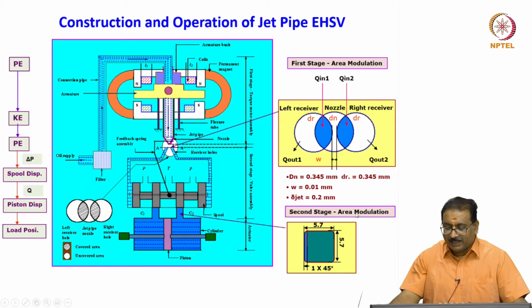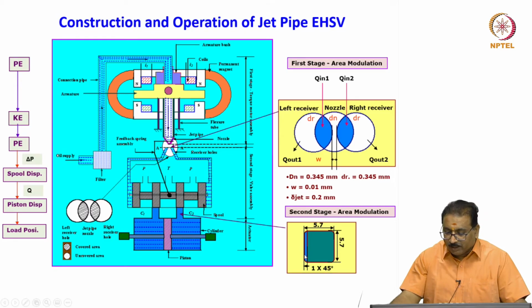Here you will see second stage area modulation, meaning when the spool valve moves, ports will get opened, correct, per the orifice equation. Here you should not always think of a circular orifice. The orifice may be of any type based on the customer requirement of the flow.